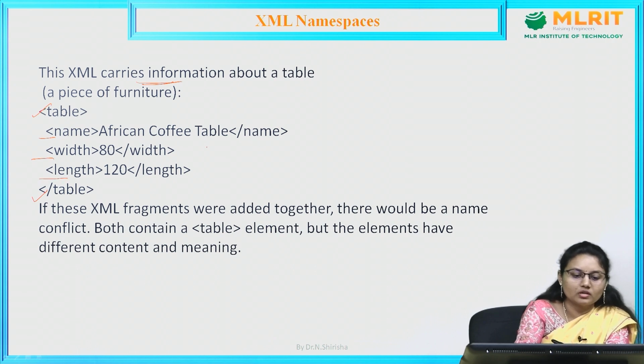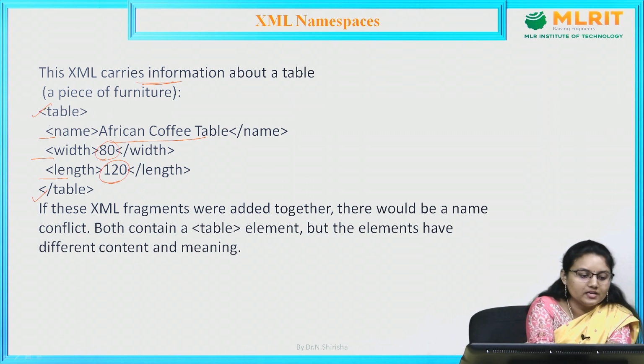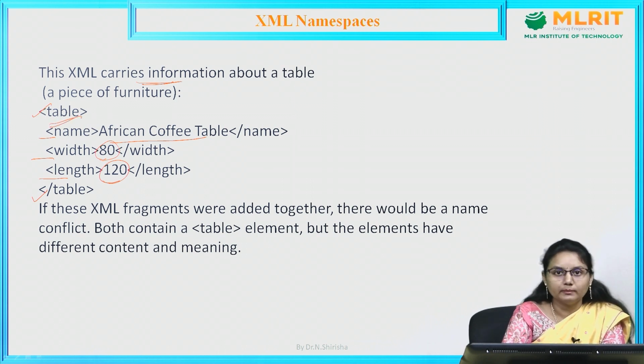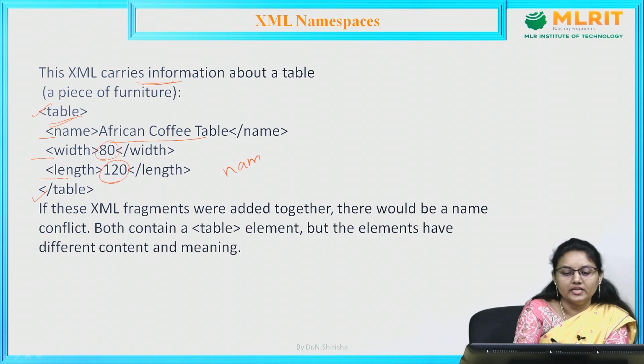You are giving information about an African coffee table, which has width 80 and length 120. But the tag name you use is table. So it raises ambiguity, and to avoid this ambiguity we are going to use namespaces.